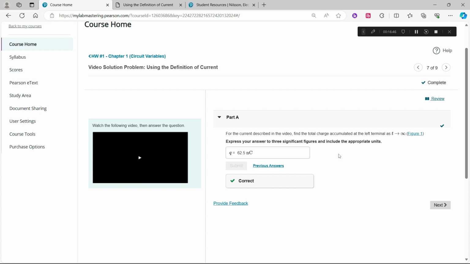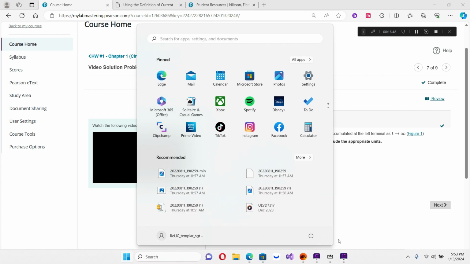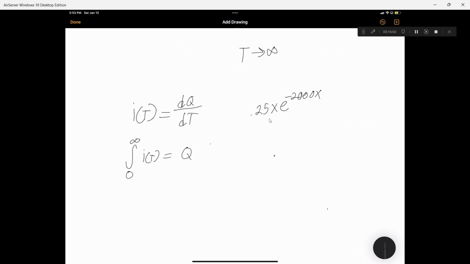So that is our base, right here. This is our function I, the current, which is 0.25 x e to the negative 2,000 x.